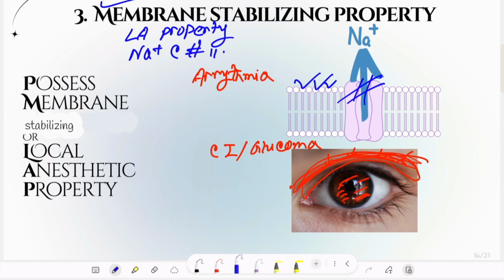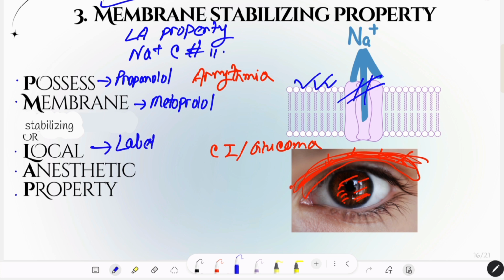And the drugs in this group you can remember by this mnemonic: possess membrane stabilizing or local anesthetic property. The mnemonic is saying here the mechanism of the drug, and here P stands for propranolol, M stands for metoprolol, L stands here for labetalol, A stands here for acebutolol, and P stands here for pindolol.